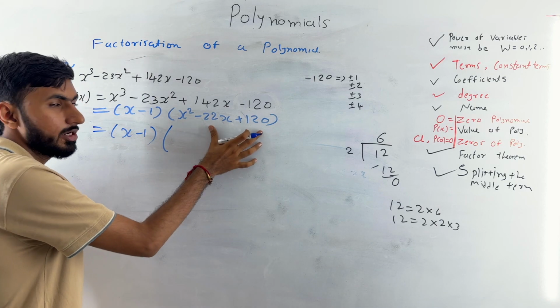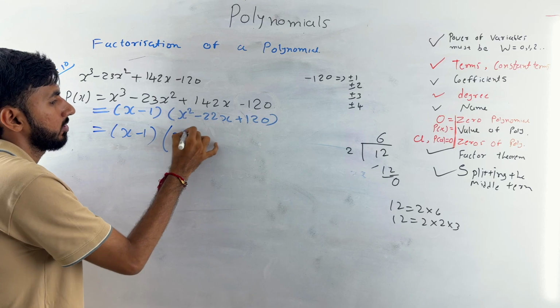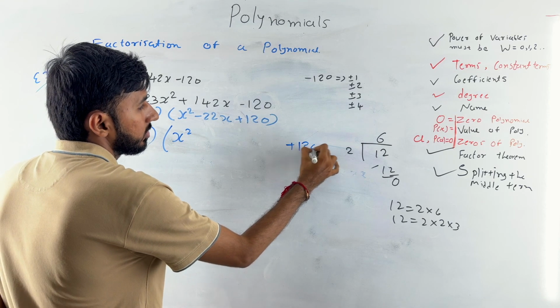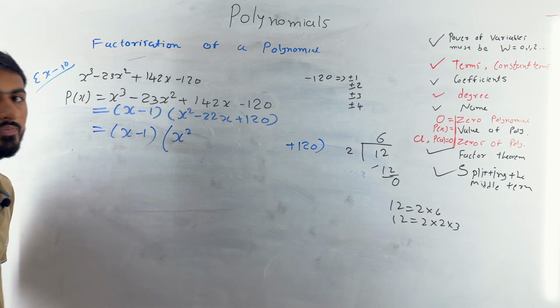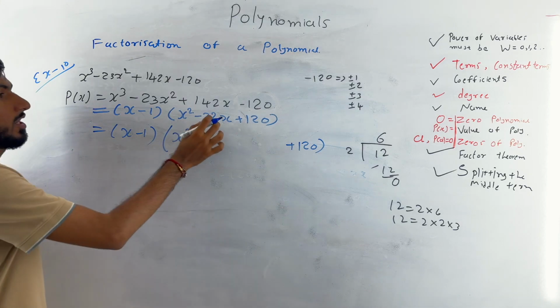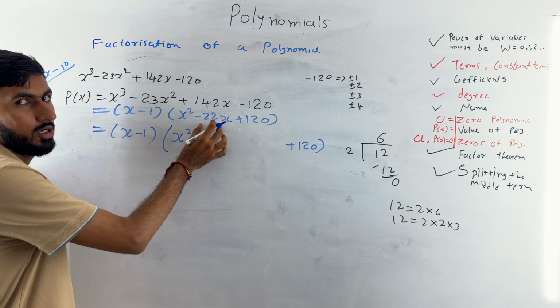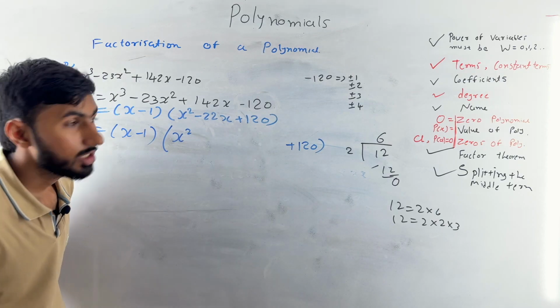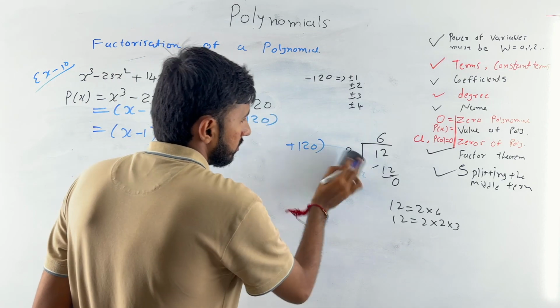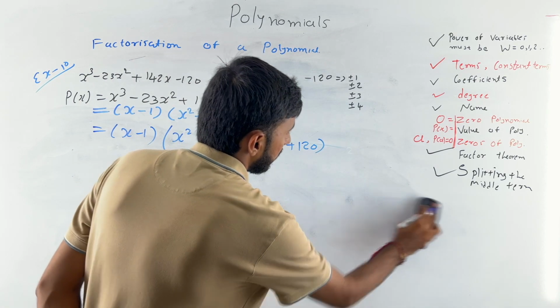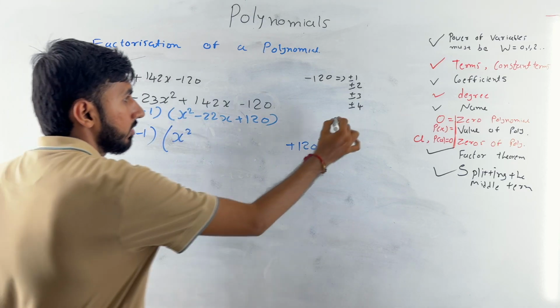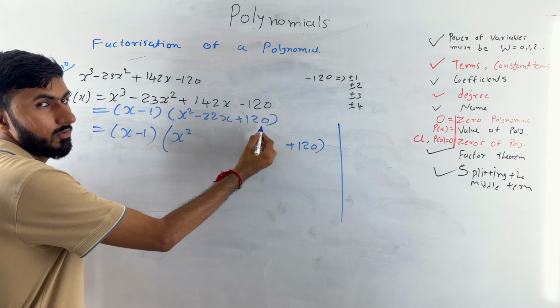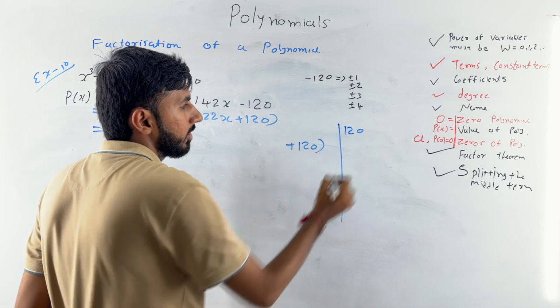So in the splitting the middle term method, my first step is to write the first and last term as they are, x square and plus 120. Now here I have b equal to minus 22. So 1 multiplied by 120 is equal to 120.